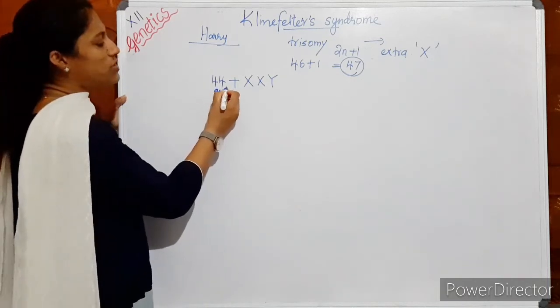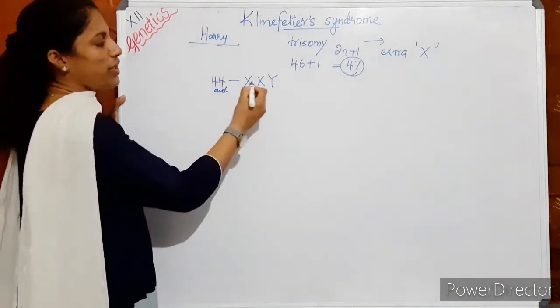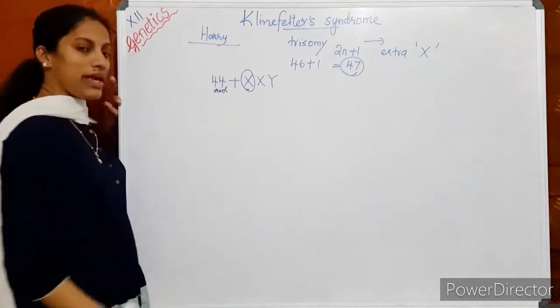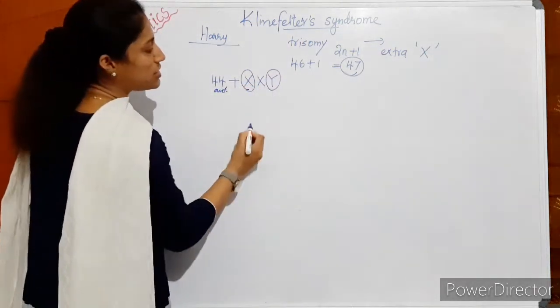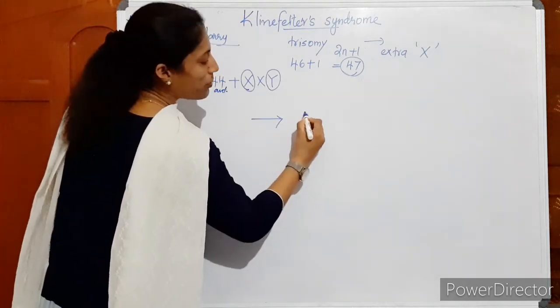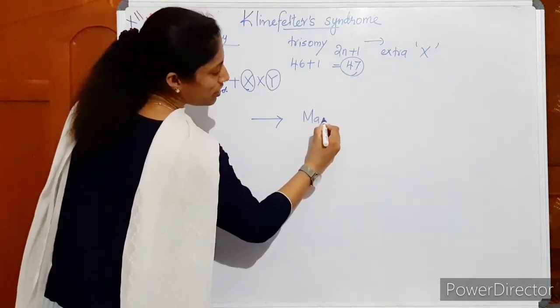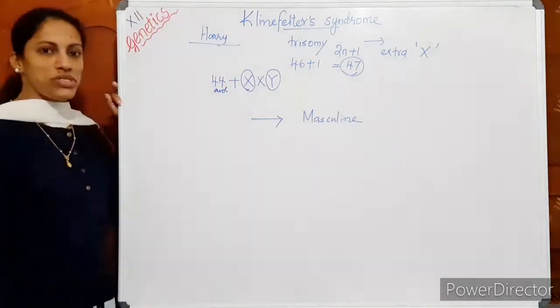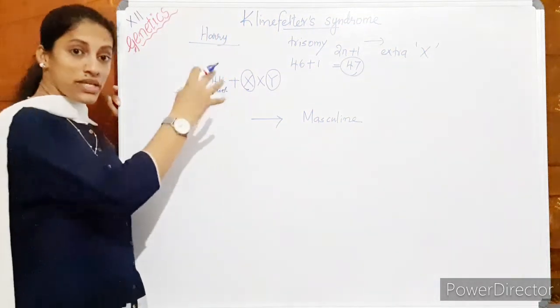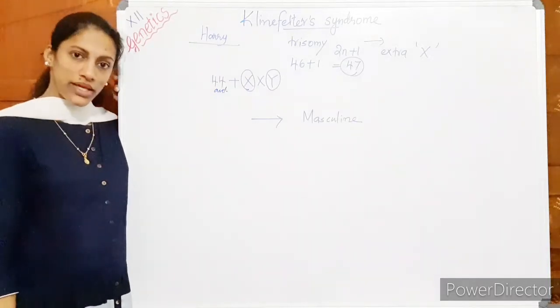44 autosomes plus XXY. Here 1 X chromosome is extra. Since Y chromosome is present, these patients appear as male, overall masculine. This person appears as what? Male.